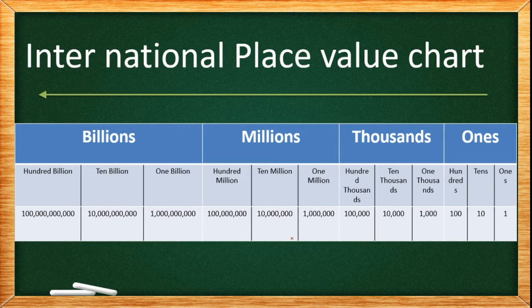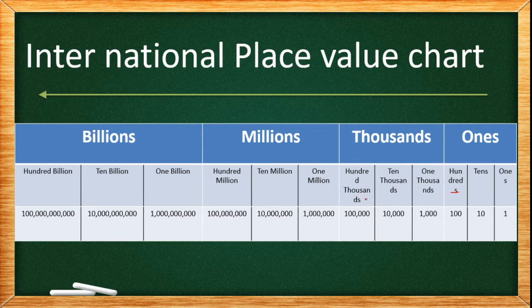This is the International Place Value Chart. Similar to the Indian place value chart, places start from the right and the first place is ones, then tens, hundreds, 1,000, 10,000.